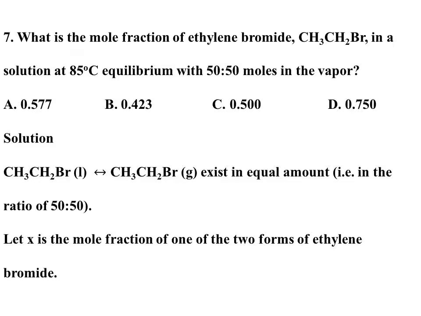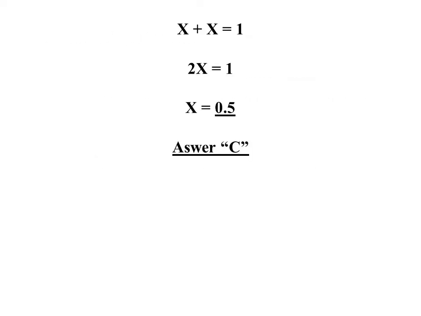Solution. Ethylene bromide in liquid form exists in equilibrium with ethylene bromide in gaseous form. Both exist in equal amount, so let x be the mole fraction of one of the two forms of ethylene bromide, the liquid or the gas form.